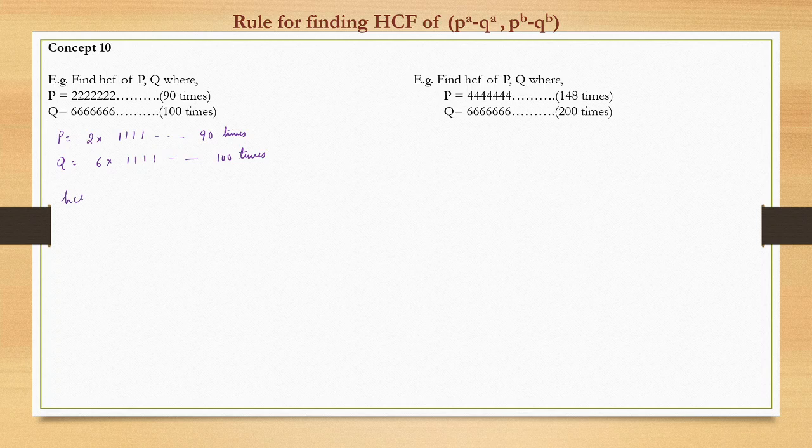So HCF of P and Q would be what? Between 2 and 6, 2 is common, right? And between these two numbers, the HCF would be HCF of 90, 100. This we have seen in the previous example. So HCF of 90, 100 is 10. So this is 2 into 1 written 10 times. So HCF becomes 2 into 1 written 10 times, right?